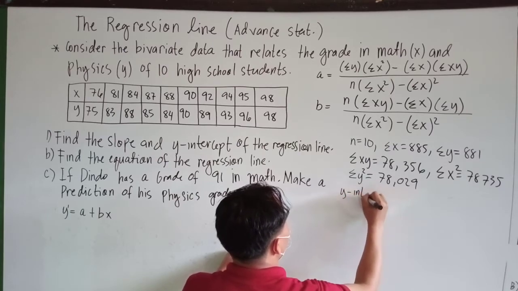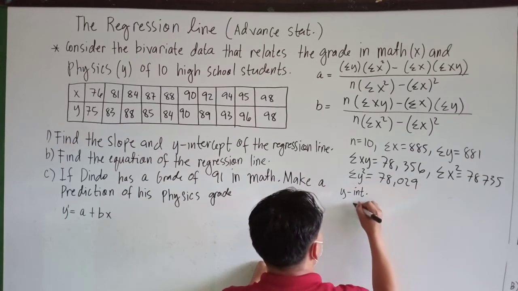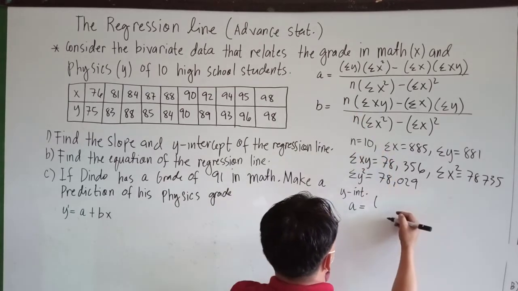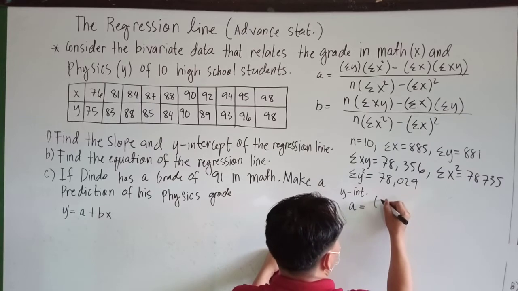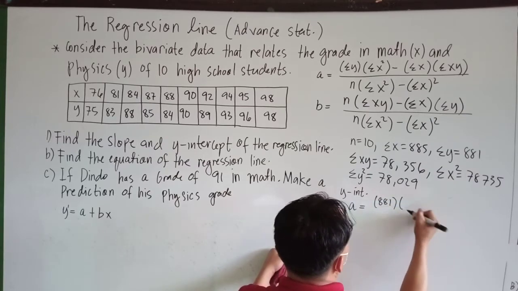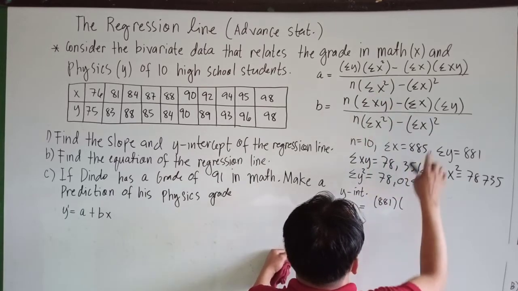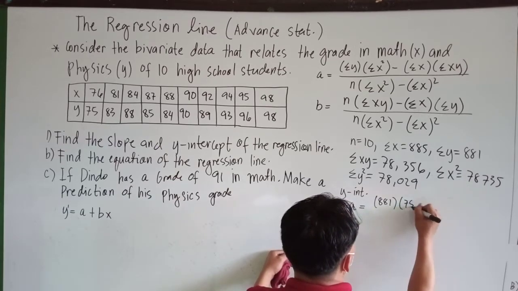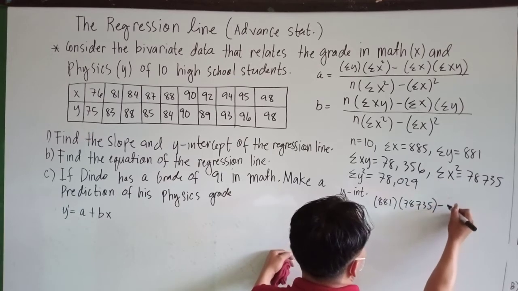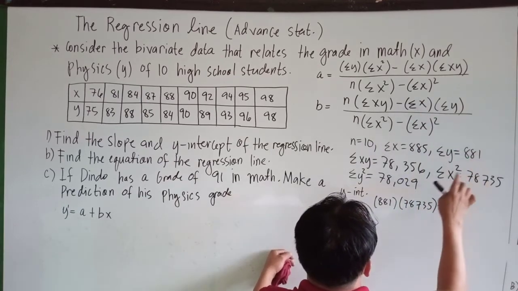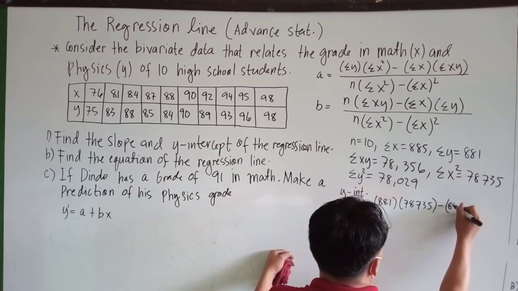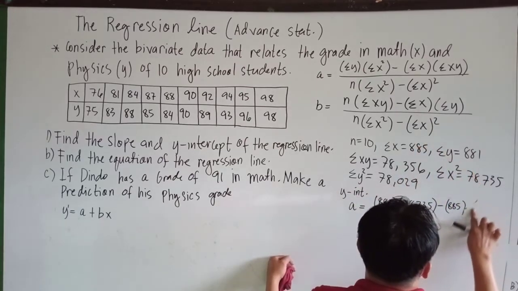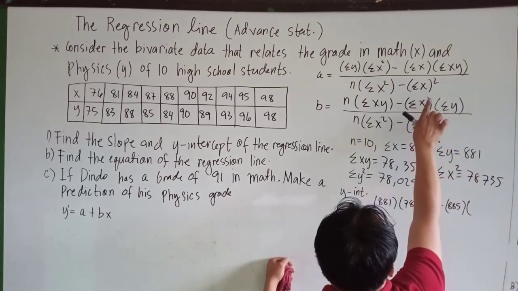So the y-intercept is equivalent to a, and we have the formula: summation of y, which here is 881, times summation of x squared, which is 78,735, minus the quantity summation of x, which is 885, multiplied by summation of xy.